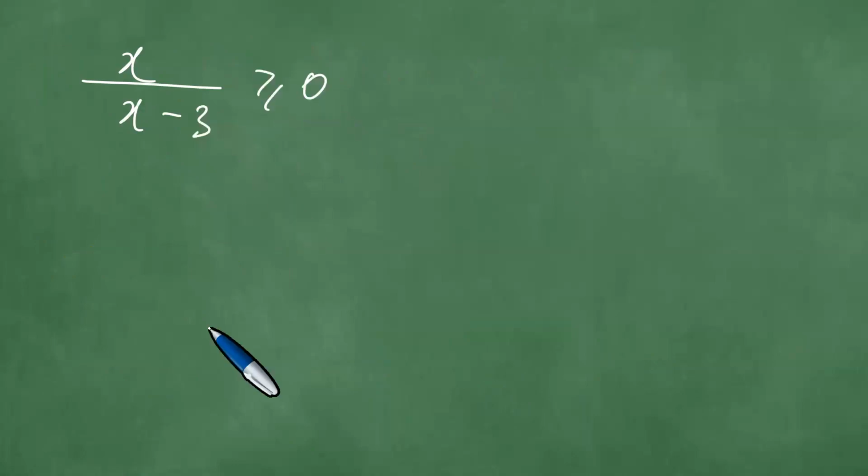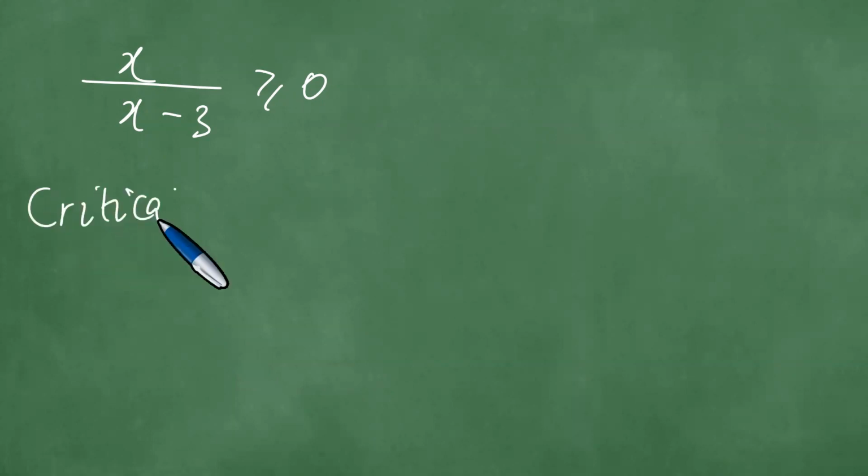What do we then do here? Anyone? Okay, we need to solve for x here. So we must get the critical values. Right, and the critical values, where do they occur?